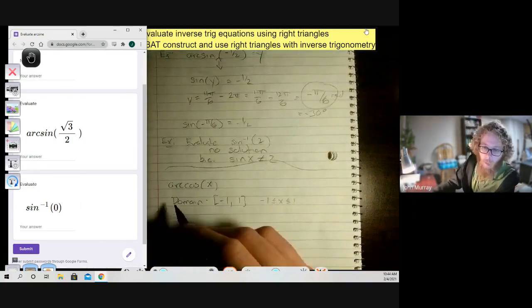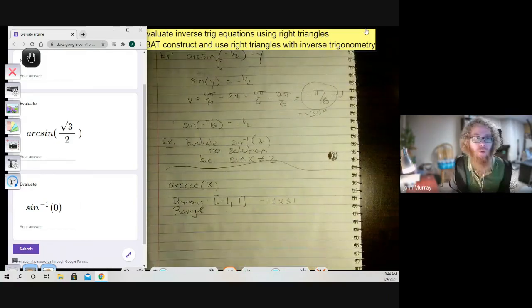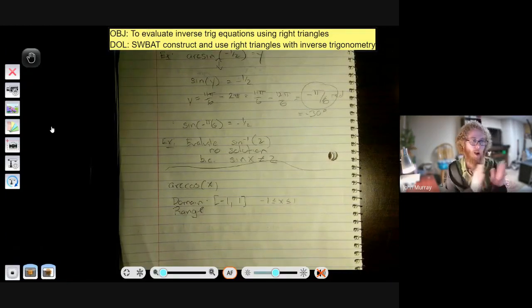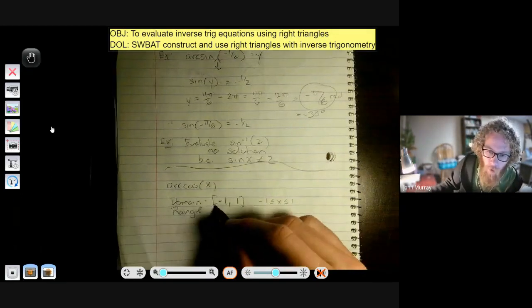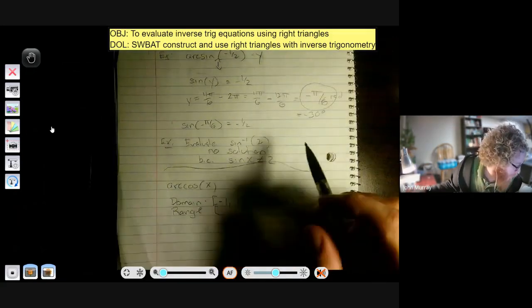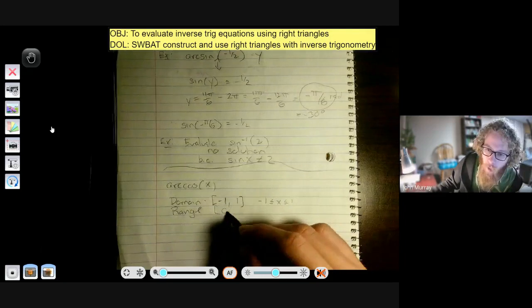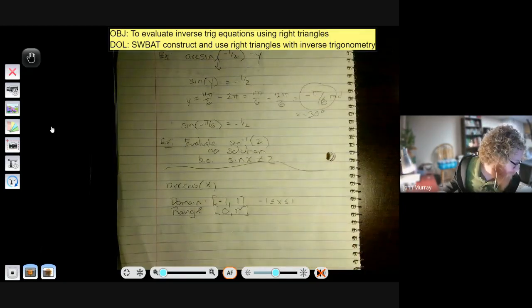But for arc cosine, remember our sine and cosine graphs are similar, but one is shifted over to the right. So in order to get one full rotation for the range of arc cosine, I'm not looking at negative pi over 2 to pi over 2. Now I'm looking at 0 to pi.